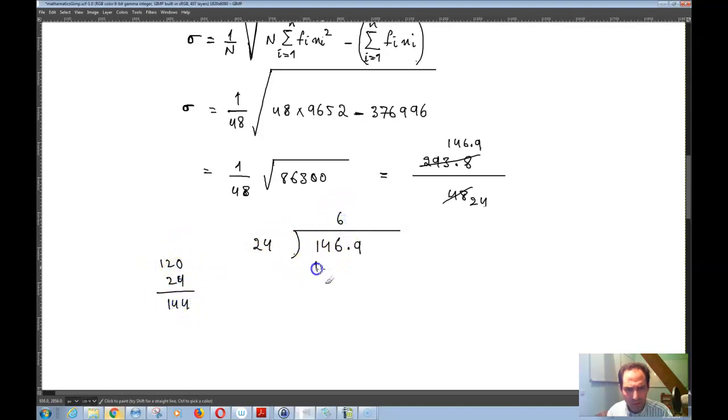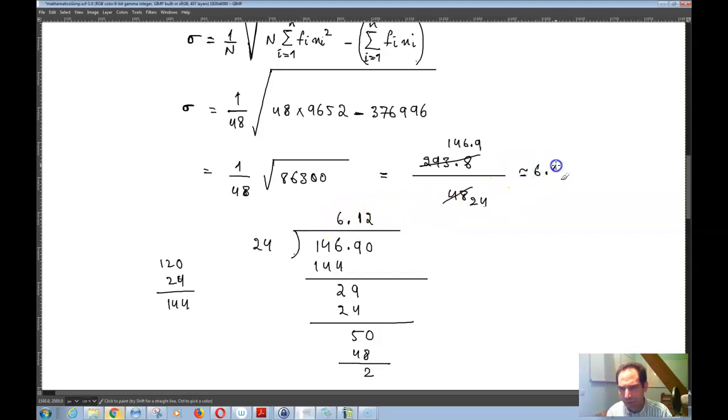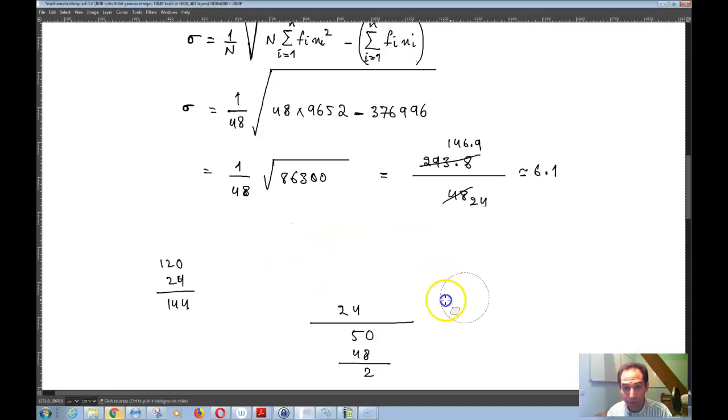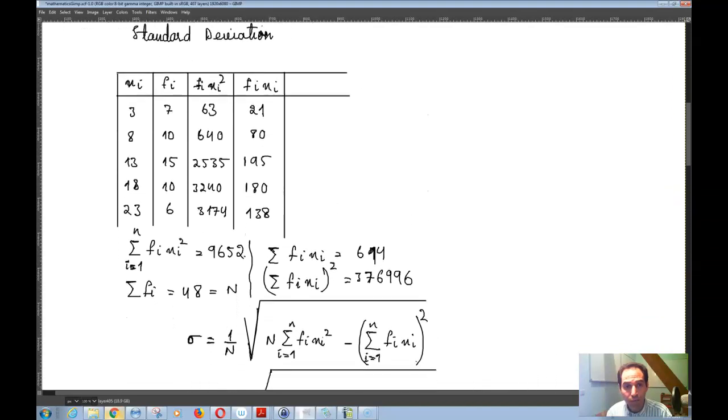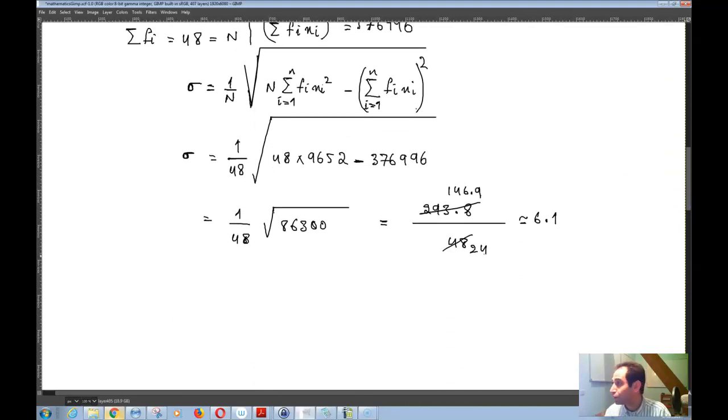So 6 times 24 is 144, and you get a 2 point, and you bring this 9, and 1 times 24 is 24, 2 times 24 is equal to 48, so that's something about 6.1. So the final answer for your standard deviation is 6.1. I think that must be the correct answer.